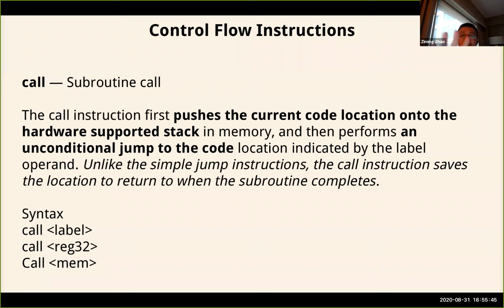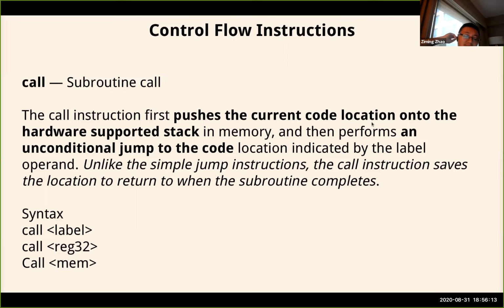The call instruction will do several things. It will first push the current code location onto the hardware supported stack. If you don't understand this right now, don't worry. Next class I will have more animations to clearly show you what's going on. The current code location is actually the next instruction to be executed.